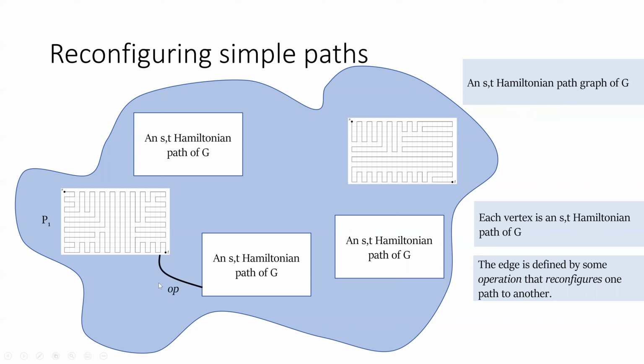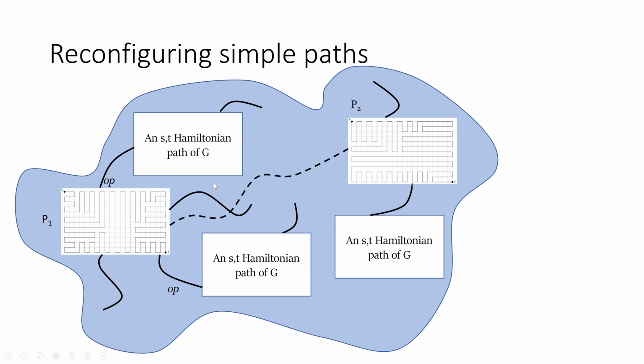For example, suppose we define some operation, and that reconfigures P1 to this path when applied somewhere on this path. Suppose the same operation when applied elsewhere on P1 gives us a different Hamiltonian path. And in this way, we generate all the edges.